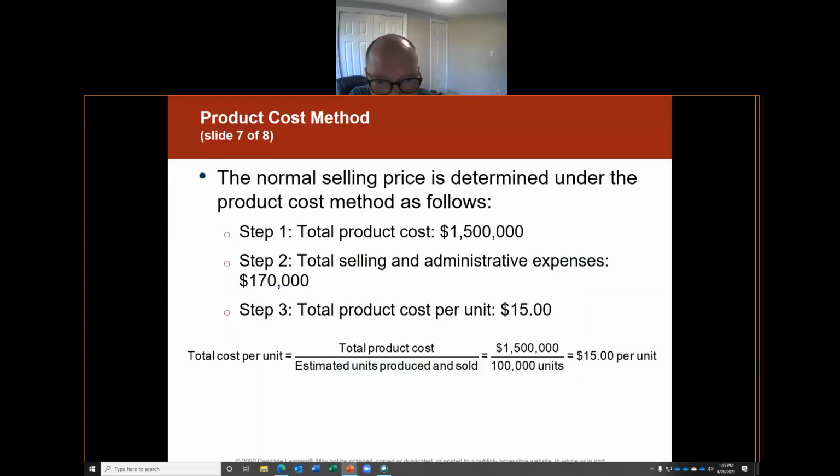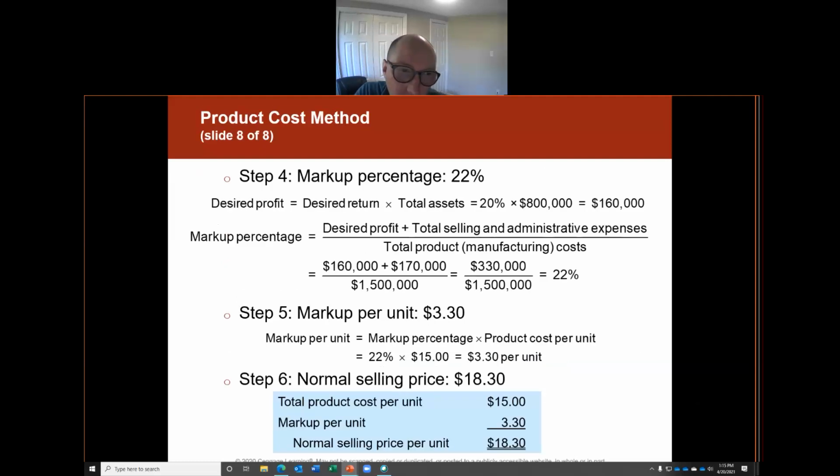By applying the steps, product cost is $1.5 million, selling administrative expenses $170,000. My product cost per unit is $15. How do I get $15? Total product cost $1.5 million divided by 100,000 units I expect to produce and sell. It's $15 per unit.